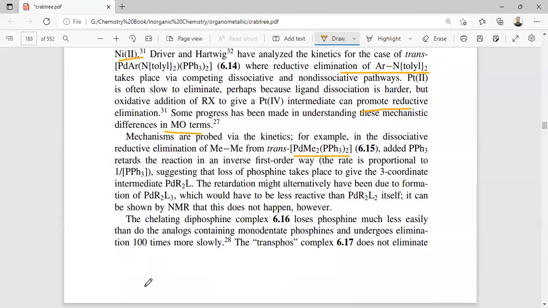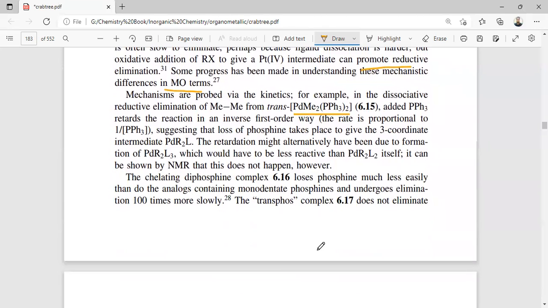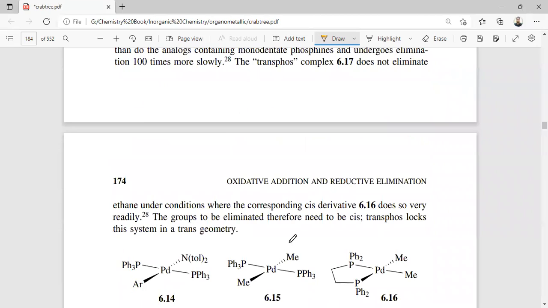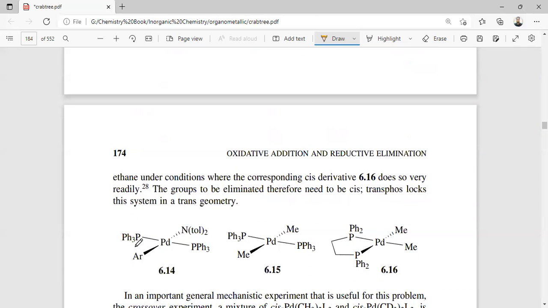The chelating diphosphine complex loses phosphine much less easily than the analogs containing monodentate phosphine and undergoes elimination 100 times more slowly. So the trans complex does not eliminate ethane under conditions where the corresponding cis derivative could lose it very readily. The groups to be eliminated need to be cis. Diphos locks the system in a cis geometry.